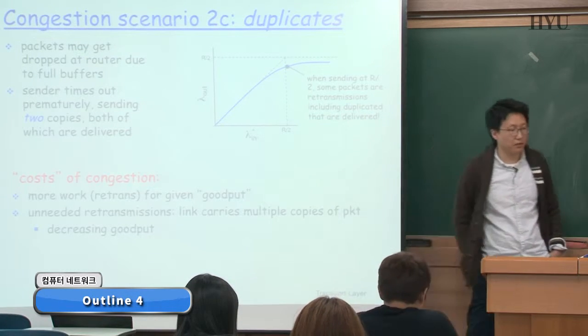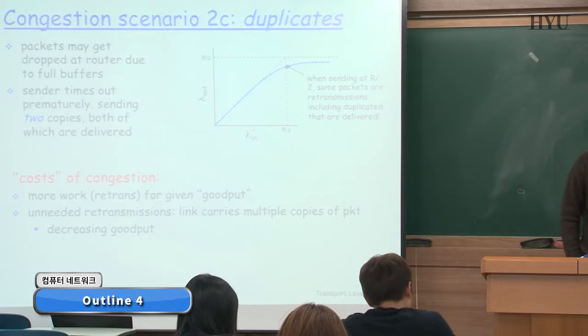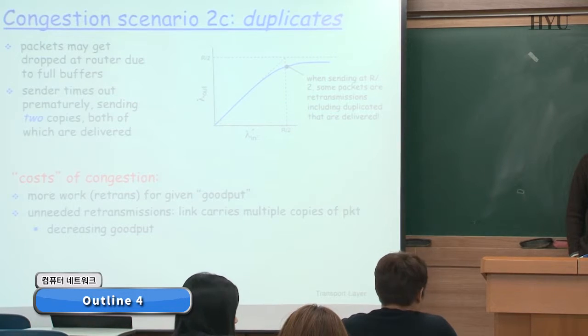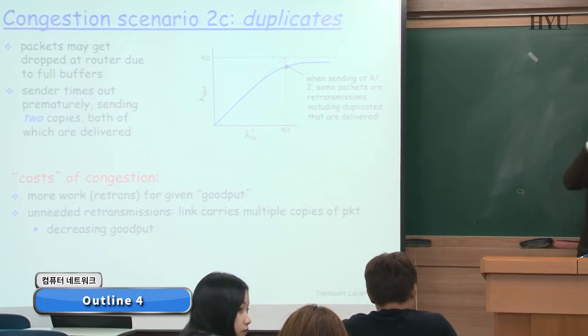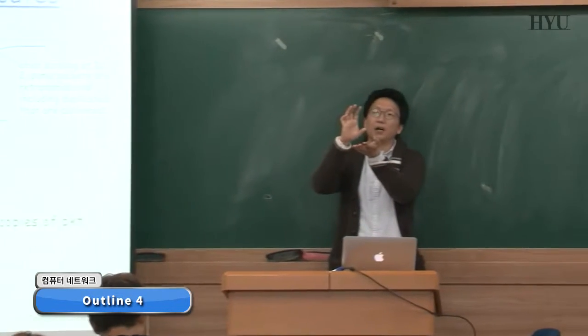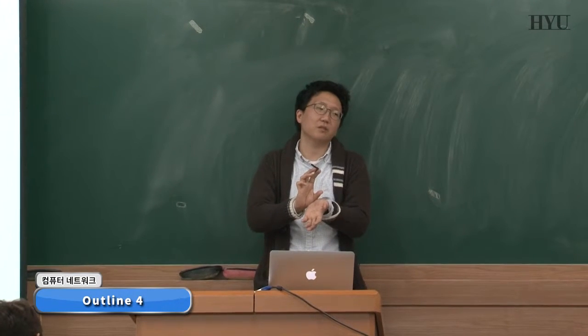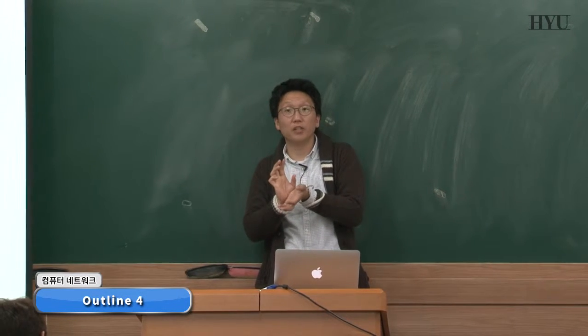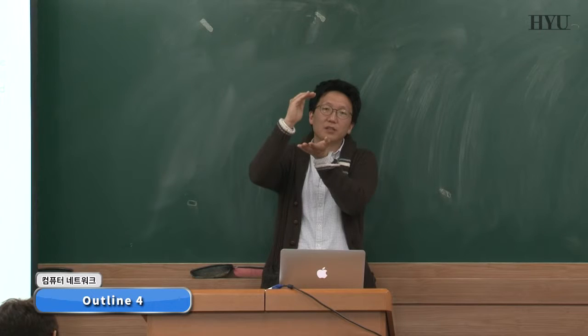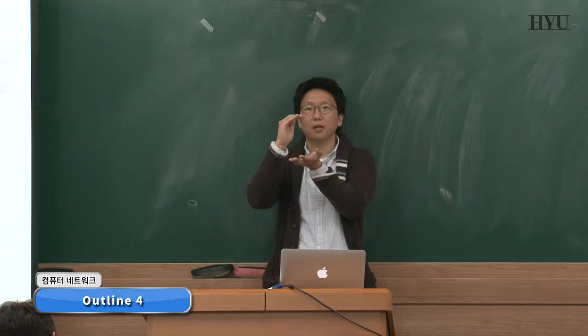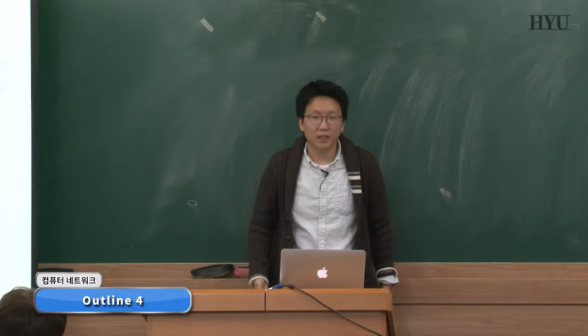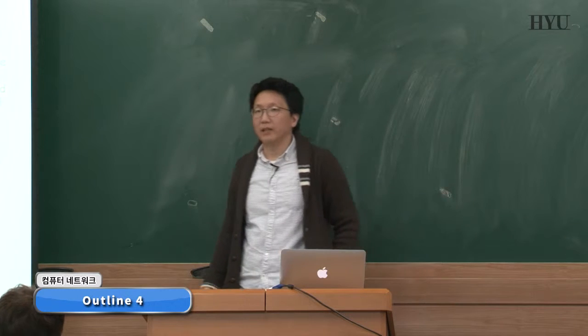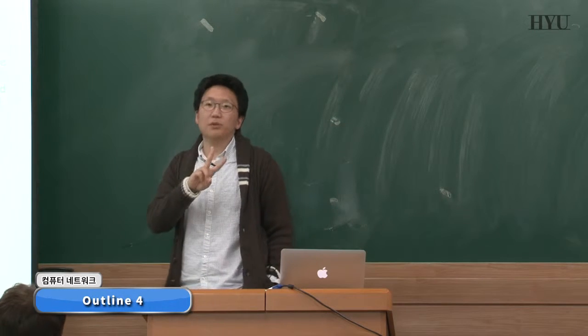Unneeded retransmissions mean the link carries multiple copies of packets, decreasing goodput. There is a ratio that I can get to. However, due to these retransmitted packets, many of them unnecessary, I cannot get to the speed that I wanted to, the theoretical bound. So we like to minimize this. And this is only the 2 host case.